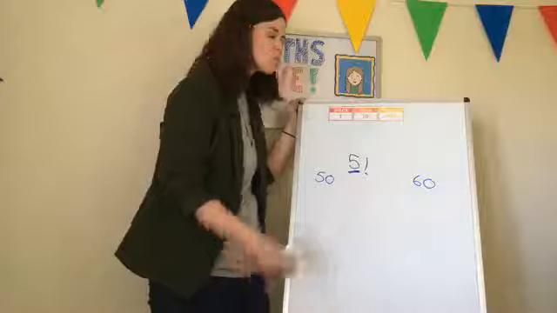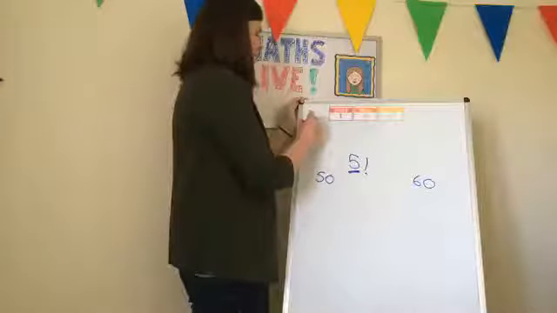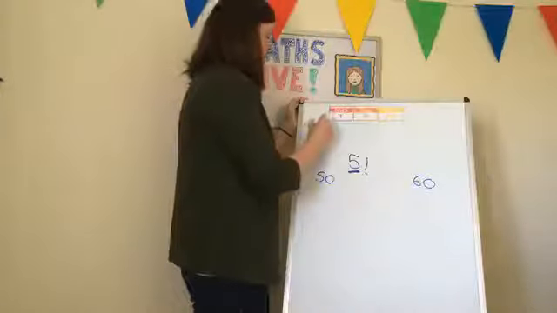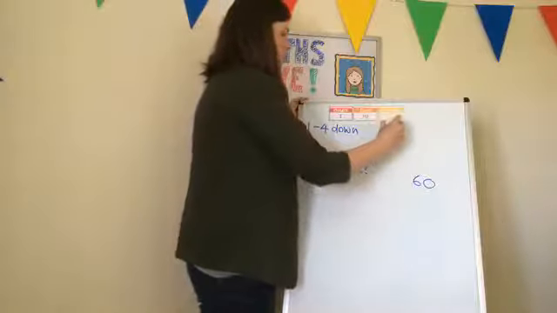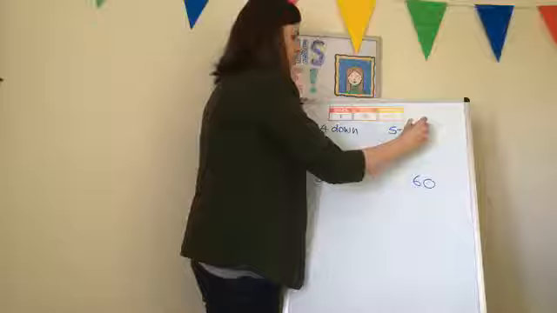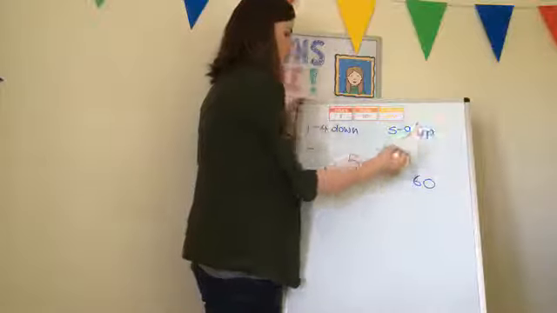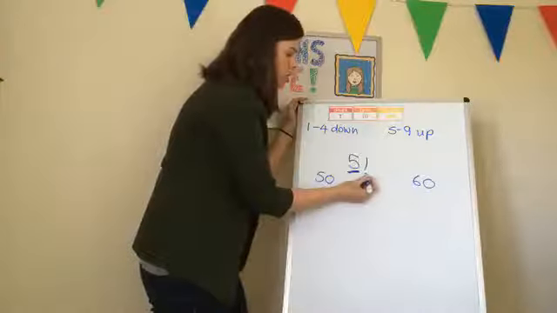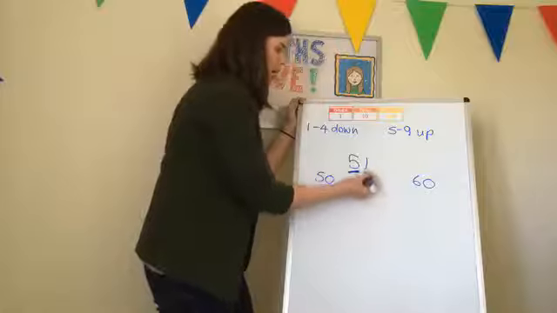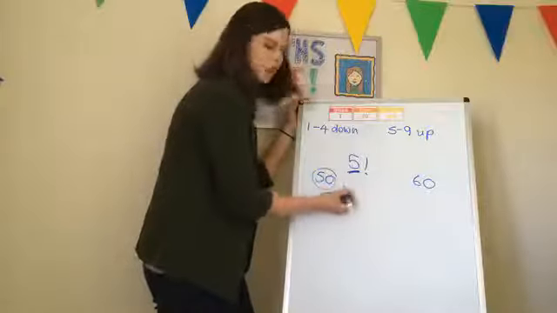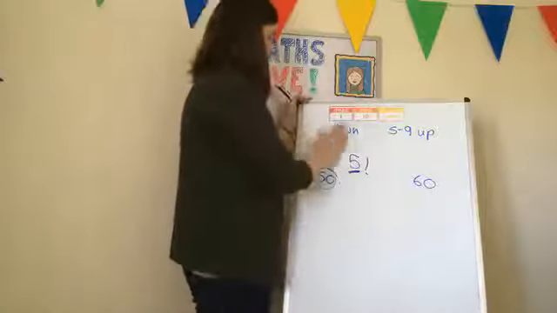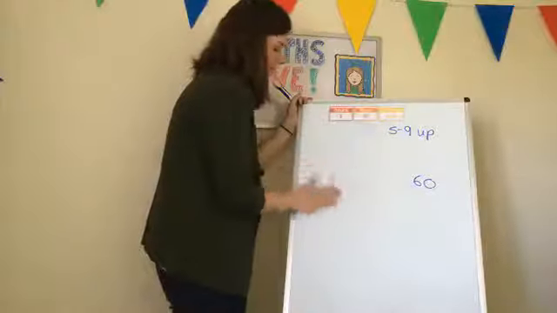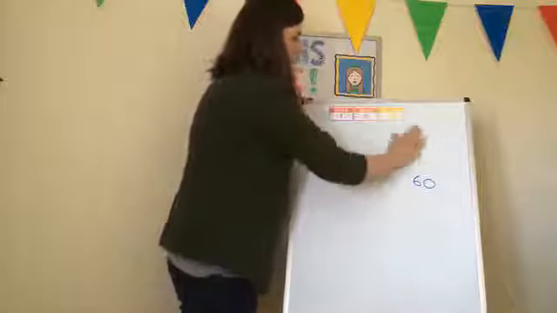What is the rule? The rule is, if it's between 1 and 4, you round down. And if it's between 5 and 9, you round up. Okay? So because this is a 1, it is rounded to 50. And you know that because 51 is right next to 50 on the number chart. So we know that. So I'll give you another example.